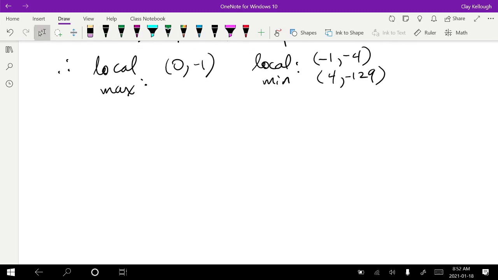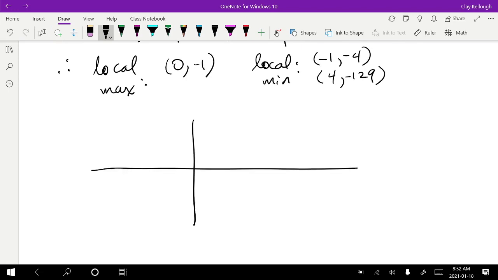What do we know? This is going to be very not to scale. Or more accurately, I'm going to make just a normal 1, 2, 3, 4 scale this way. But I'm going to count in much bigger numbers up and down. So 0, -1 is going to be really close here, because I got to count all the way down to 129. So 129 is way down there somewhere.